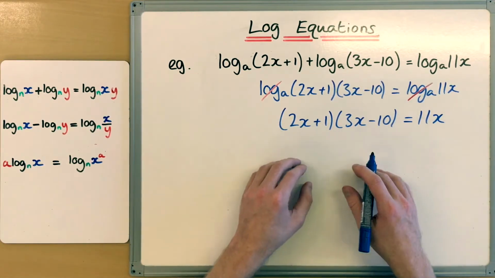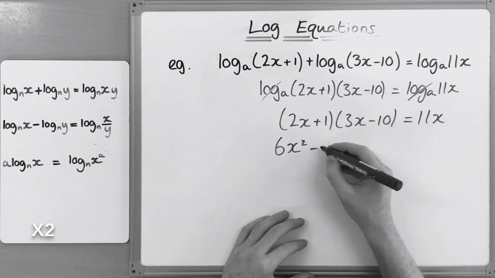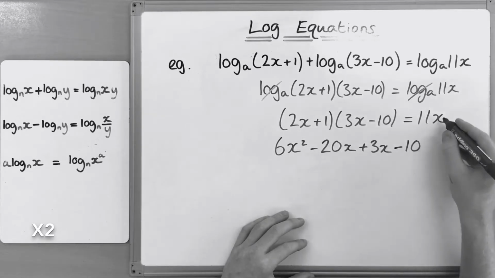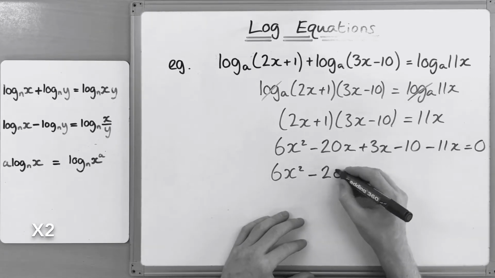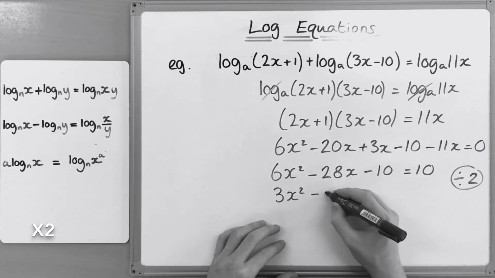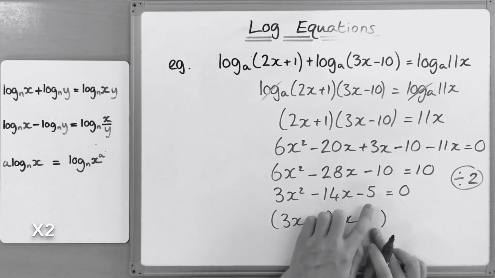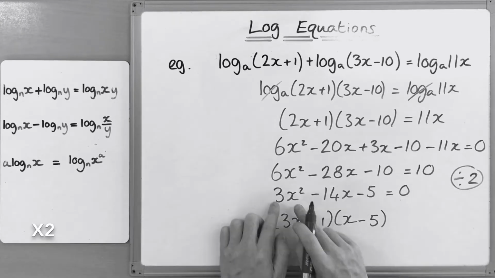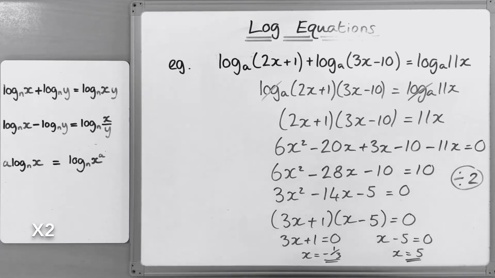I'm going to multiply this out, move it all across, I'm going to factorise it, I'm going to come up with my two solutions, so let's fast forward to that. Okay, so I've got my two solutions.